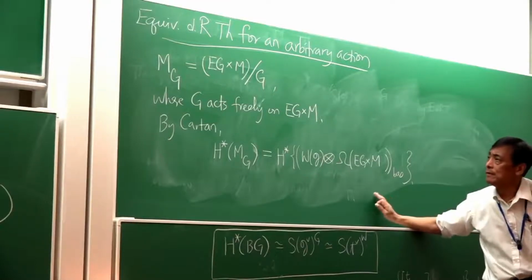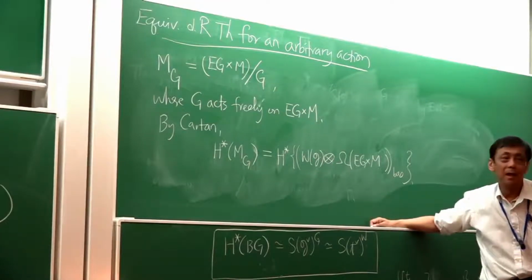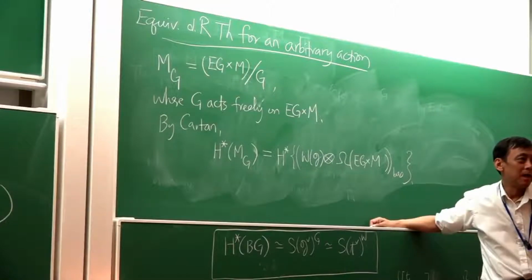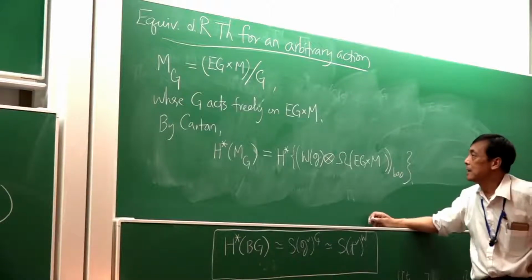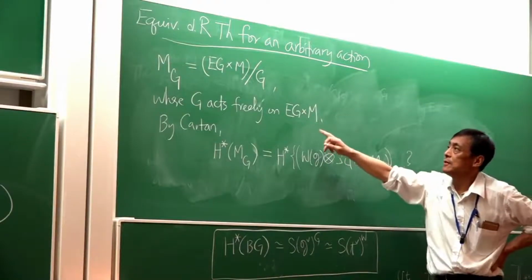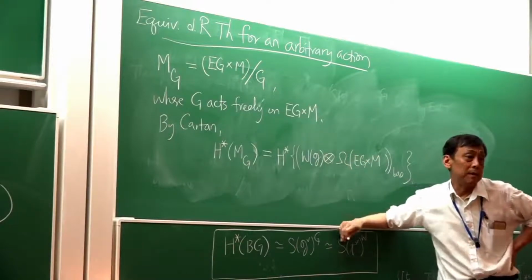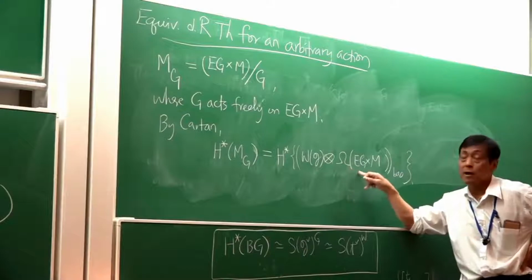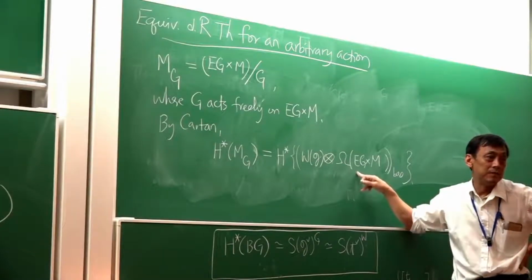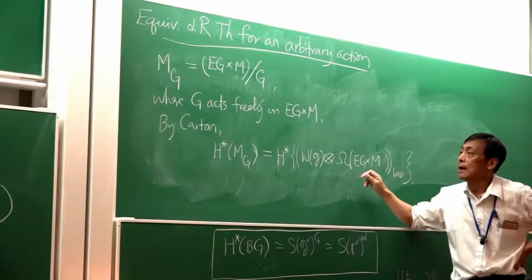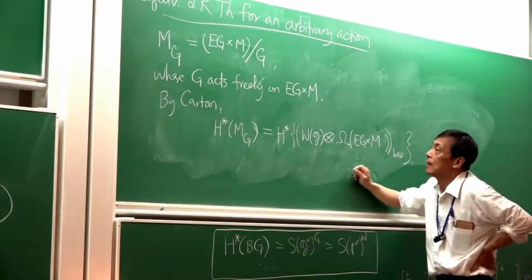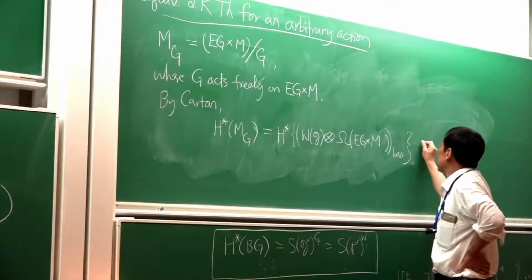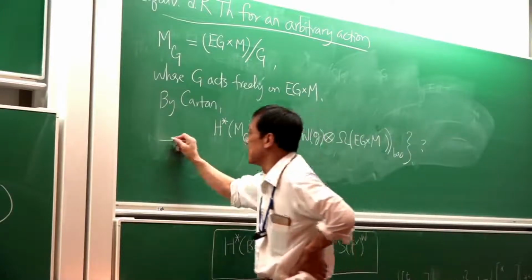Now, what's wrong with this? Yeah. The problem here is that EG is not a manifold, so you can't really take the de Rham complex of EG. So this doesn't quite work.